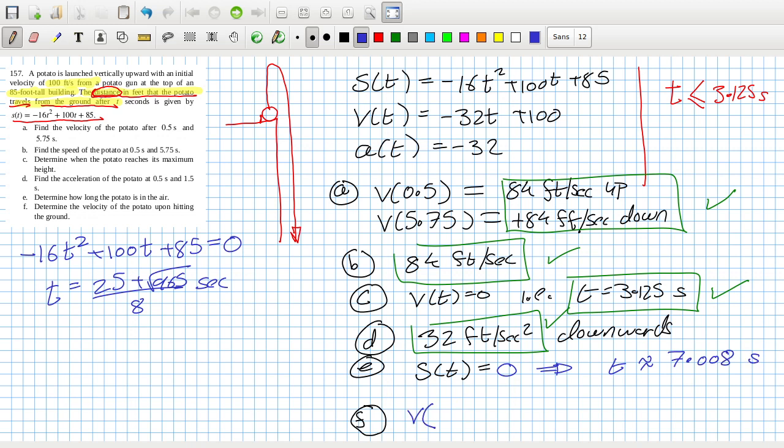And then the velocity at the answer for part E would be roughly minus 124.258 feet per second down.